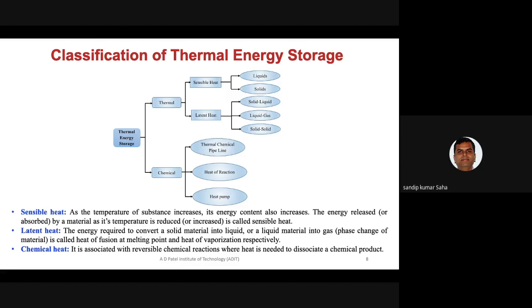So, starting with the very basic sensible heat, which everybody knows, I will show you some equations, and then I will go to latent heat storage. Again, you will see different types of models, but I will put these models in the context of latent heat for a storage system.